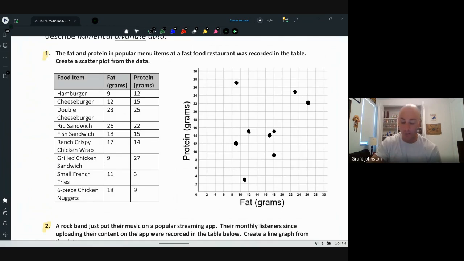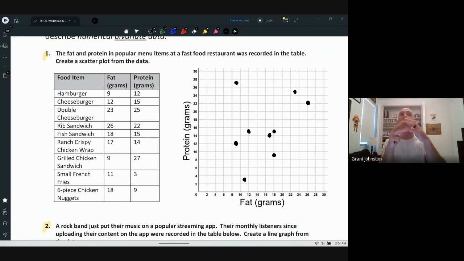Imagine trying to connect these dots. What would this even be? A straight vertical line? It doesn't make any sense, right? And these menu items aren't in any particular sequence. These are just random. We just got a bunch of different food items. So this doesn't make sense for a line plot. You wouldn't connect it. So whenever we're looking at stuff over time, it makes more sense to make a line plot to see that growth.